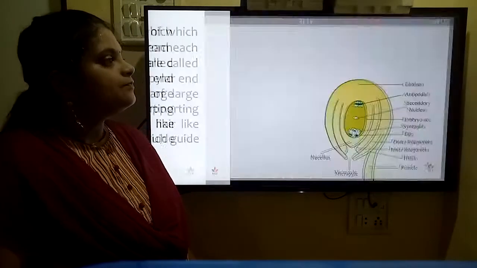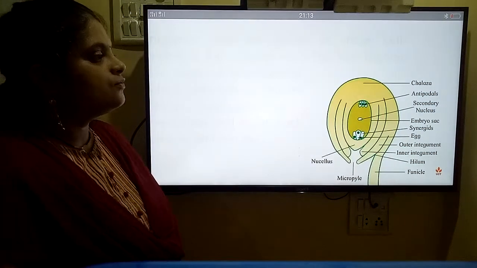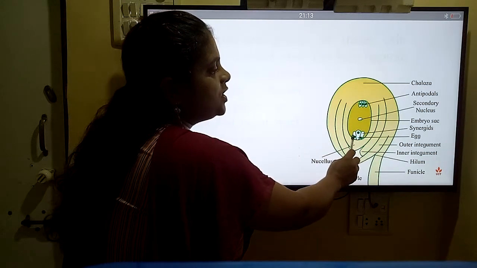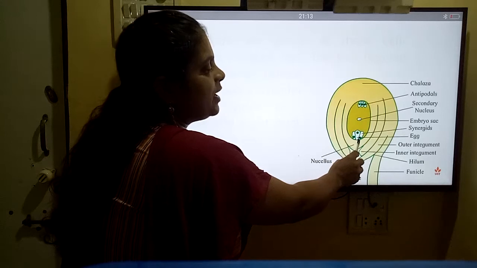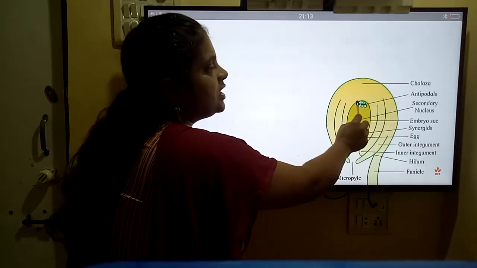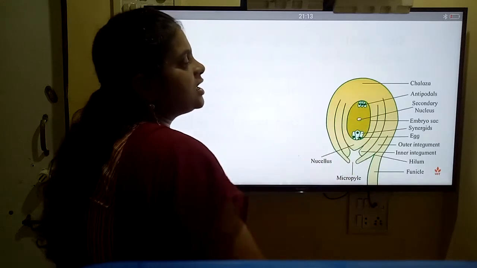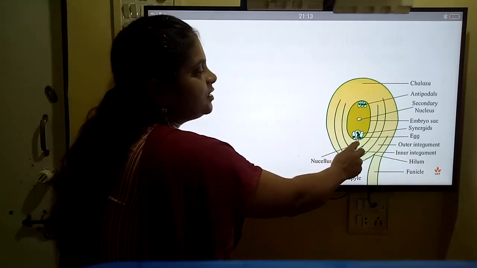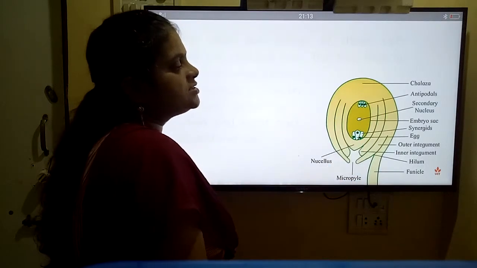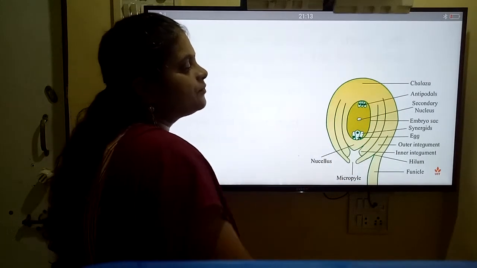So this is the structure of the embryo sac. As I told you, there is a group of 3 cells at the micropylar end. This is the micropylar end. This is the chalazal end. There is a group of 3 cells at the chalazal end. At the center is the egg cell, which is supported by the synergid cells.